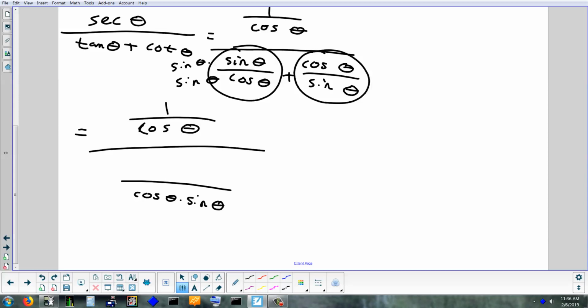What is the fraction on the right missing? It's missing a cosine. So you multiply top and bottom by the other denominator. So now the bottoms are both sine, cosine. What's sine times sine? Sine squared, plus cosine times cosine, cosine squared.